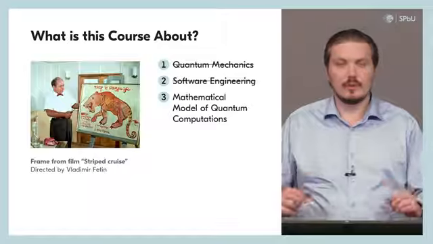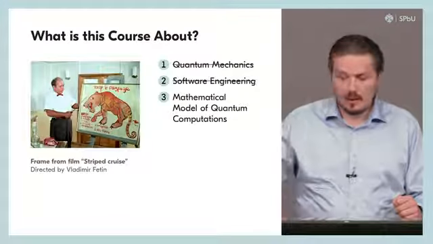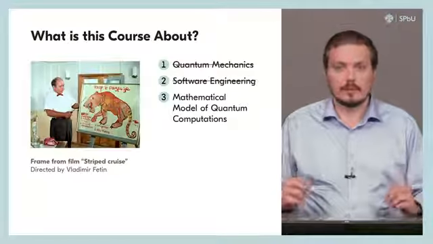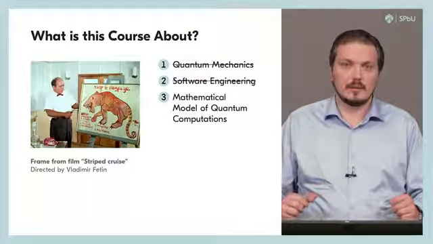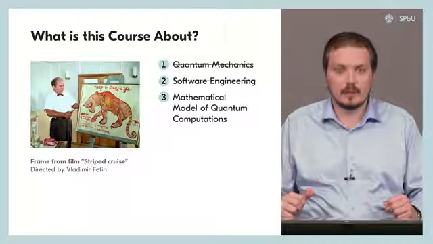Now, when we know what we are not going to learn, let's see what's left. First, we are going to learn the mathematical model of quantum computing, introduced by the quantum computing pioneer, David Deutsch.